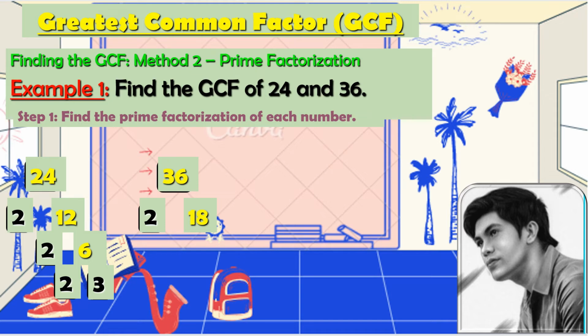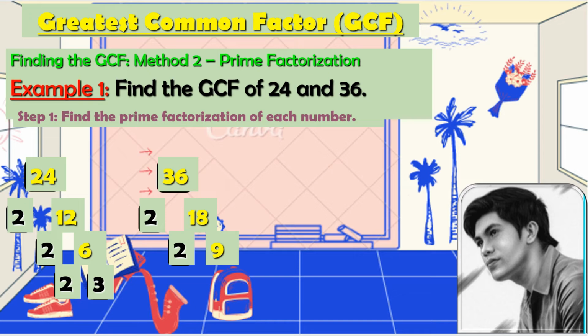So, 36, yes, that is 2 times, anyway, now let's go to 36. So, that is 2 and 18. 2 and 18 is 36.